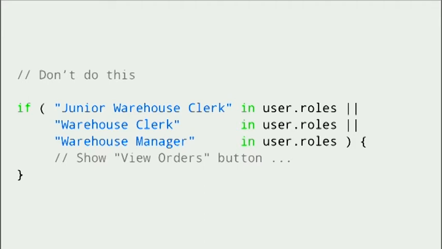But with this approach, you are effectively defining which roles have which capabilities, which is the whole point of having roles and capabilities. All of the logic that a junior warehouse clerk can view orders is already implemented somewhere else, and all you need to refer to here is the actual capability of viewing orders.